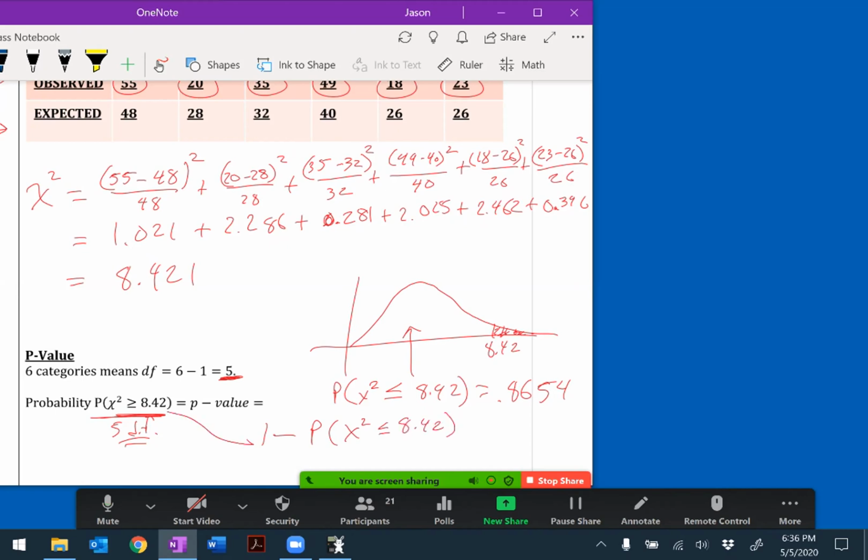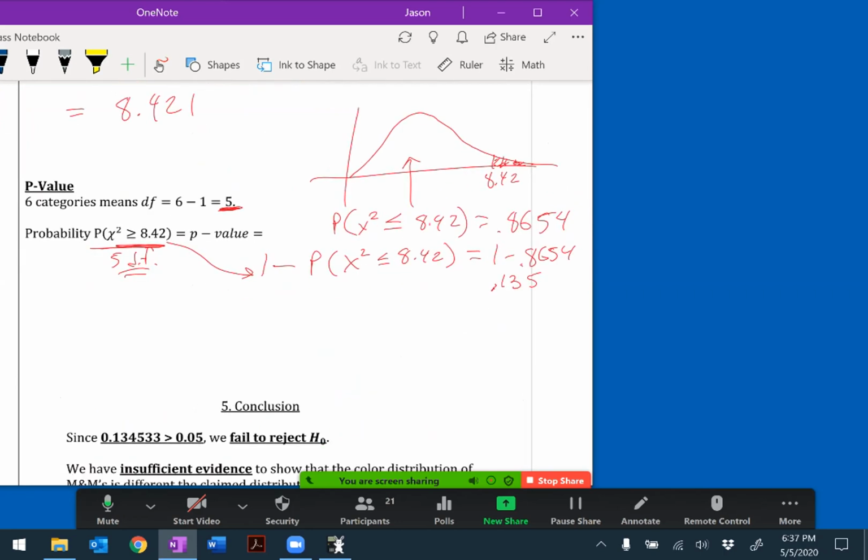I want the complement. So this is 1 minus 0.8654, which ends up being 0.135. So that's how we get our p-value.